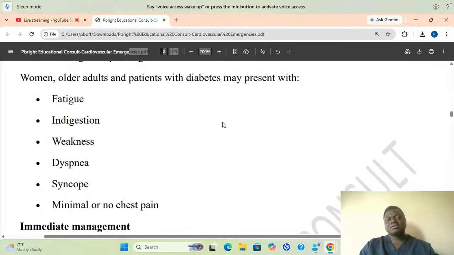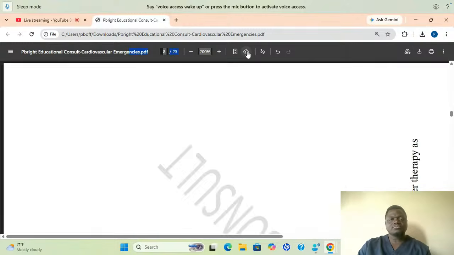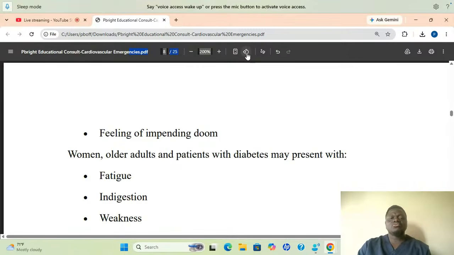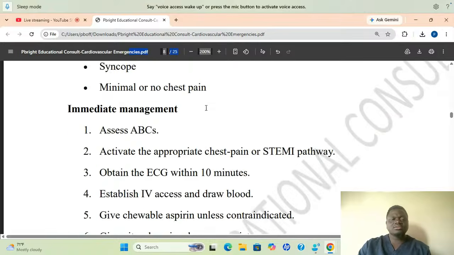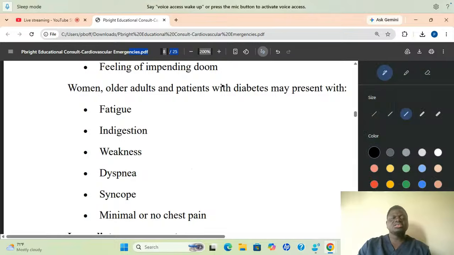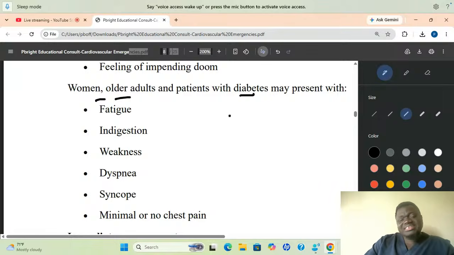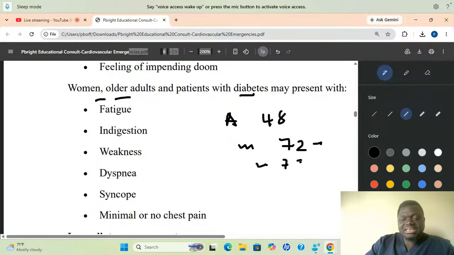Let's look at women. Women mostly come with what? Women, older adults, and patients with diabetes. NCLEX will test you with a 48-year-old woman, a 72-year-old woman, a woman with type 2 or type 1 diabetes.